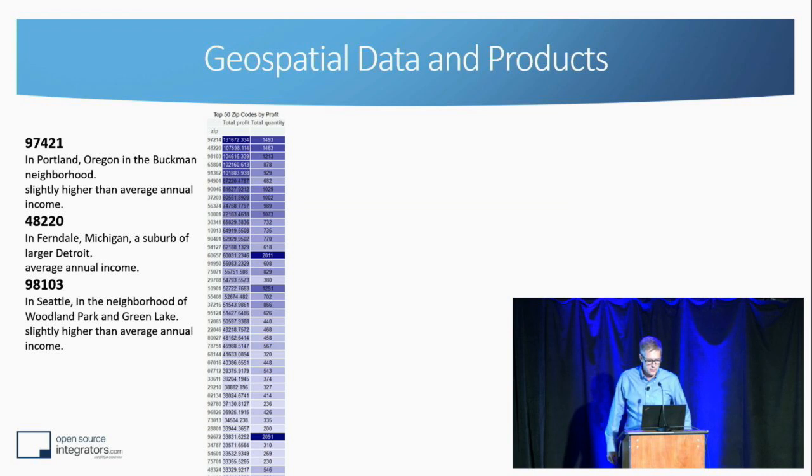We were able to discern down to the zip code level that we received a large profit and a quantity of over 1,400 sales in one specific zip code. Similarly, over 1,400 in the next zip code underneath it.